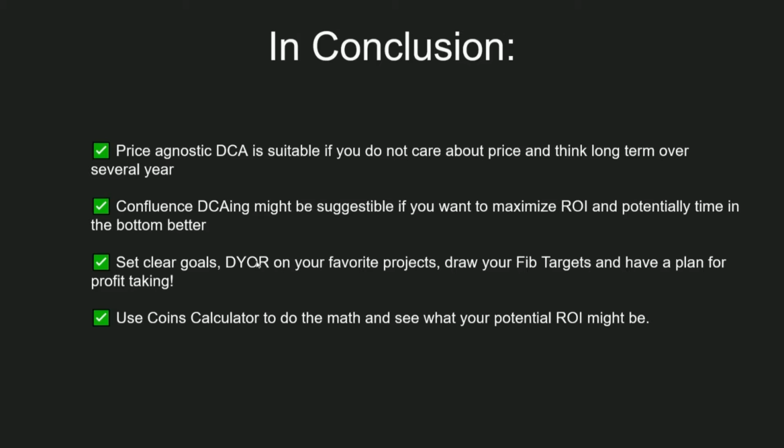And set clear goals. I mean, do your own research on your favorite projects, draw your own fib targets, have a plan for profit taking. Think these things out and be better prepared for the next market cycle. And finally, use the coinscalculator.net website that I showed you to do the math and see what your potential ROI might be. That's all from me.